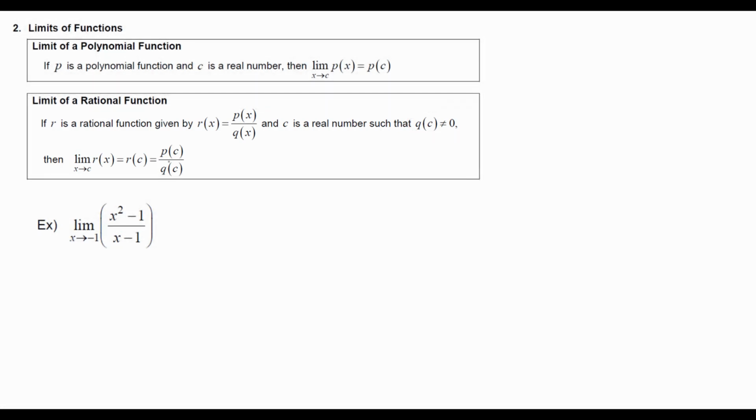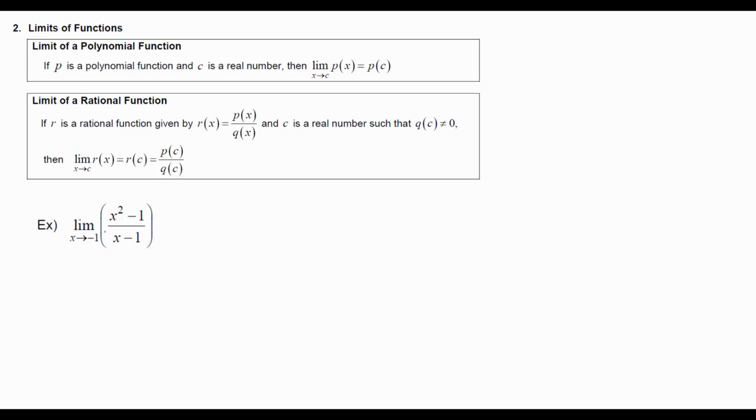So again, if you want to find the limit of a rational function as x approaches c, as long as it does not make the denominator 0, you can just plug c in for x, and that will be the limit value.